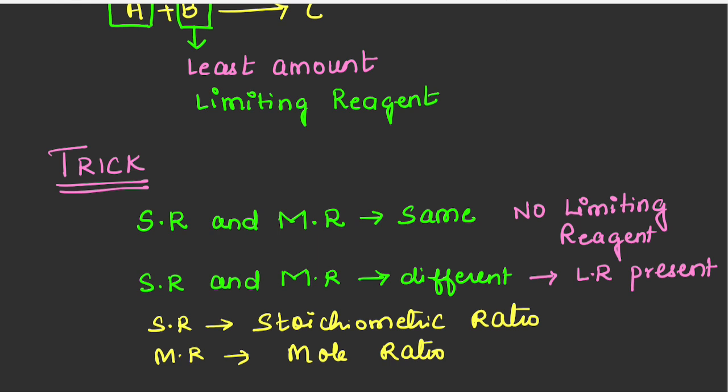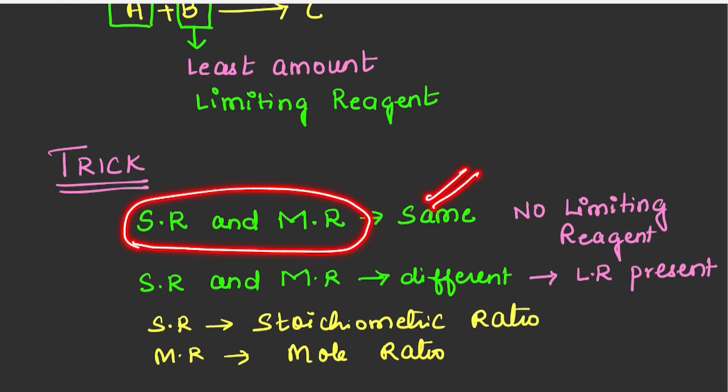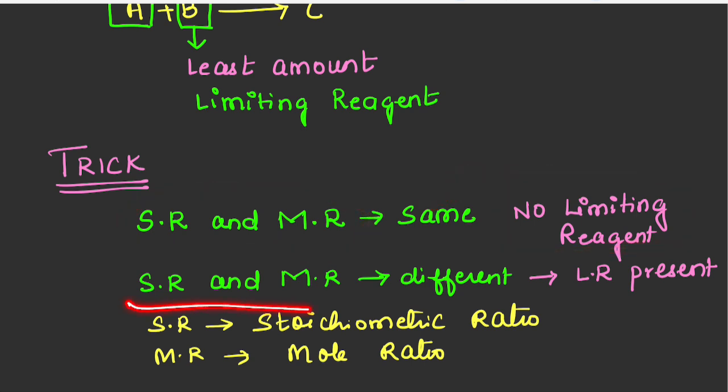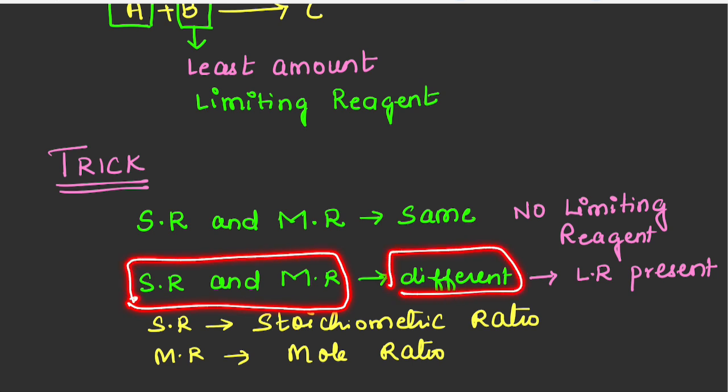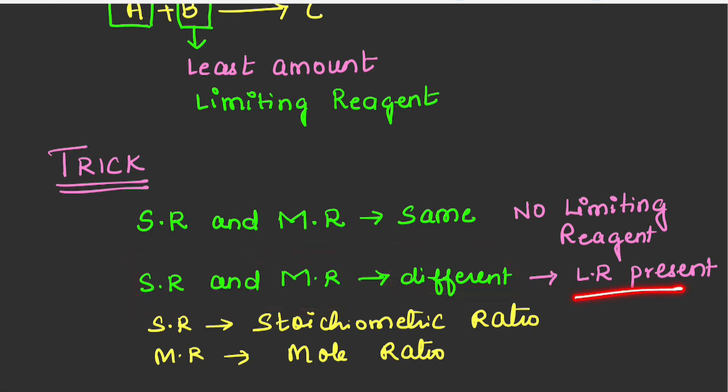Now if stoichiometric ratio and mole ratio are the same, then you can say that in that equation there is no limiting reagent. Suppose both are different, stoichiometric ratio and mole ratio are different, then we can say that limiting reagent is present. So this is the trick we are going to use to find the limiting reagent.